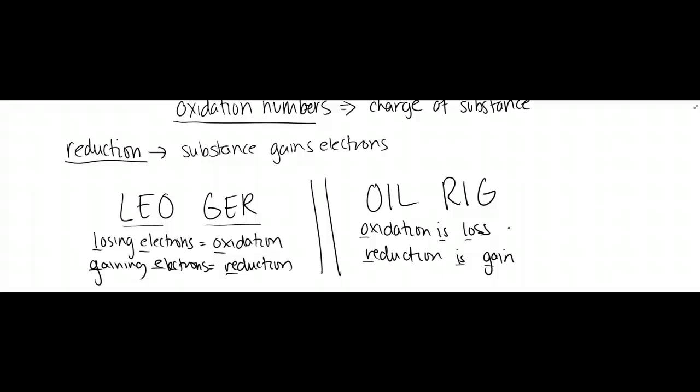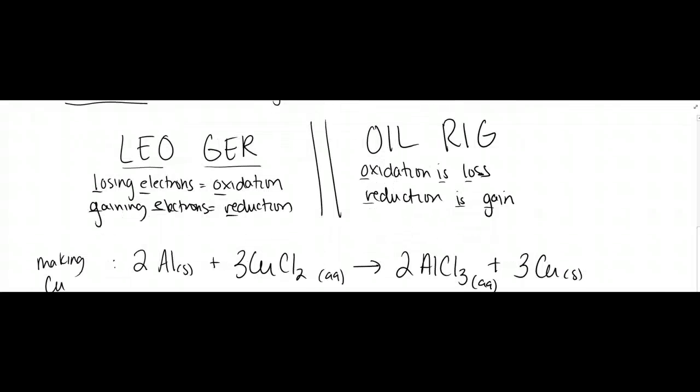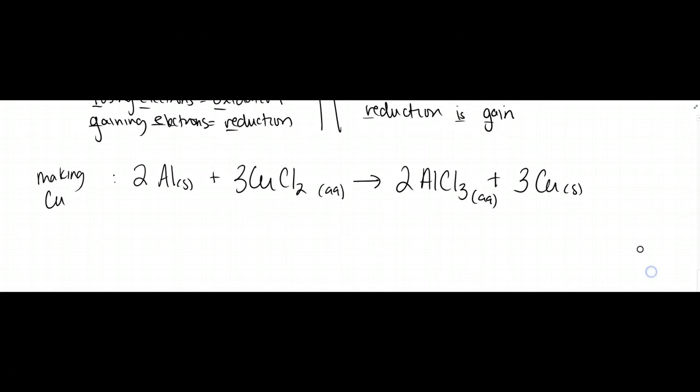So let's look at some examples of this reaction using examples you've already had. In the making copper lab, you did the following reaction. You took solid aluminum and reacted it with copper(II) chloride to make aluminum chloride and solid copper.